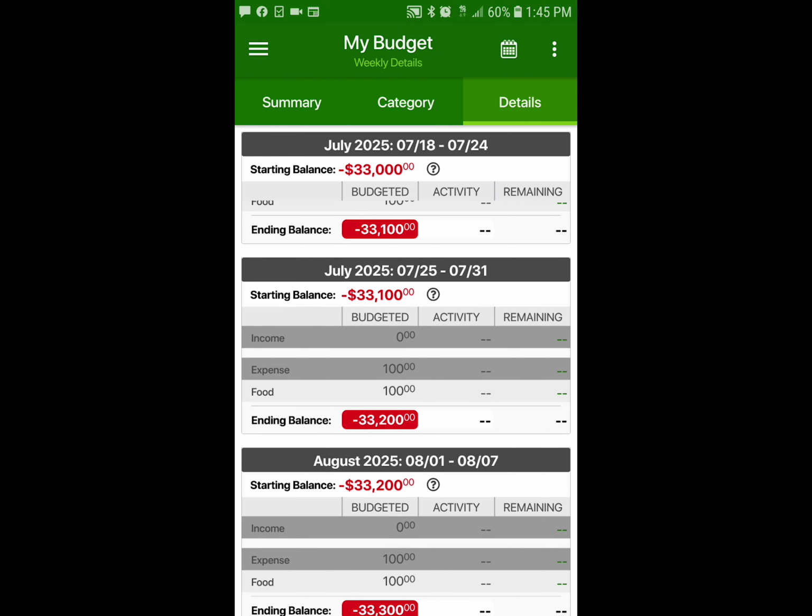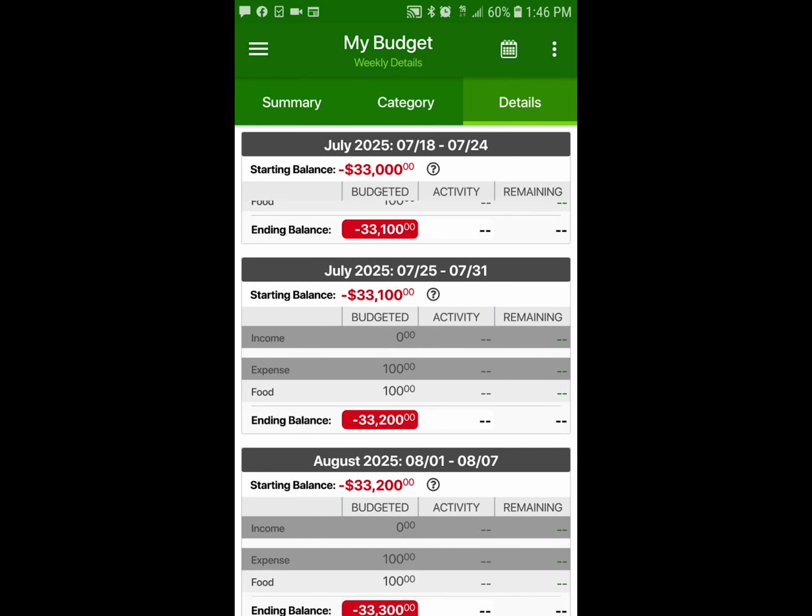So, in this 5-year period for the food, the car payment, and mom's birthday, we have budgeted $33,000. So between now and then, we need to make $33,000 just to make the food, mom's birthday, and the car payment. Does that make sense?